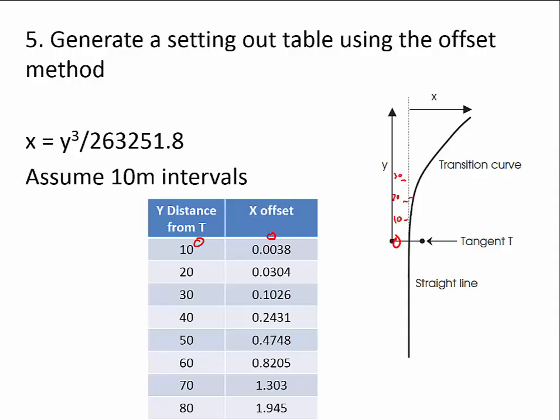At 30, it's 10 centimetres. At 40, it's 243 mil. So it's increasing, and each step it increases proportionally more, and that's because the spiral is increasing its curvature, and its maximum curvature will be the curvature of a circular curve, so that transition is smooth.